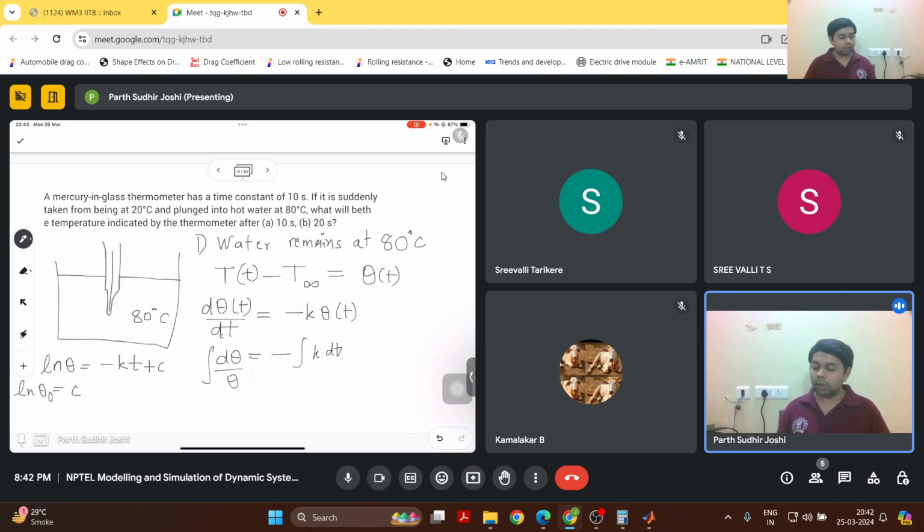So ln theta naught is basically the value of c. Then we can rewrite this as ln of theta by theta naught is equal to minus kt.